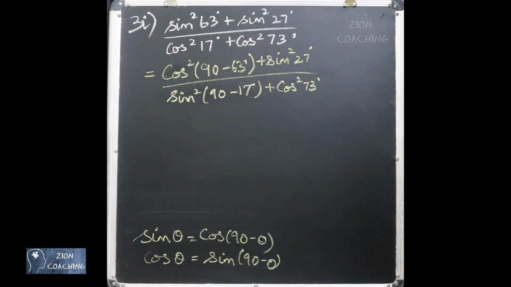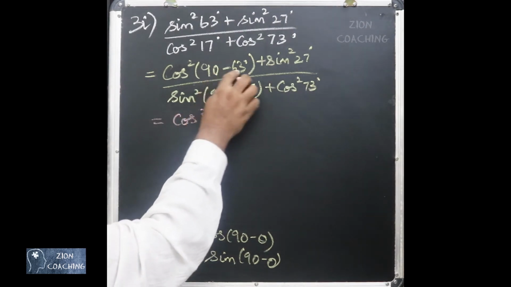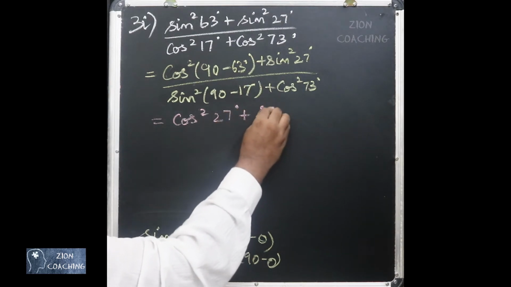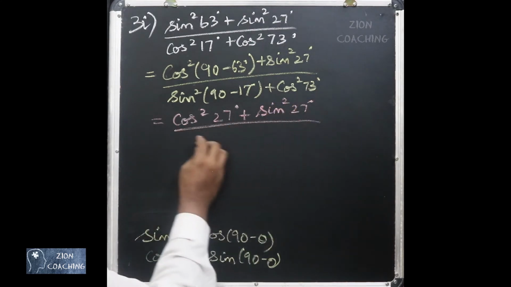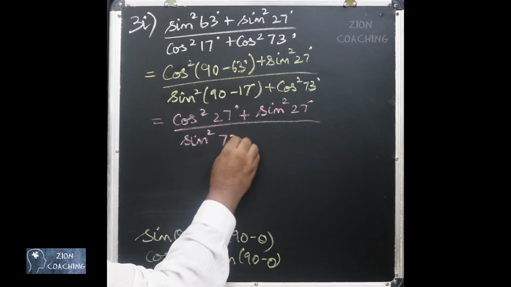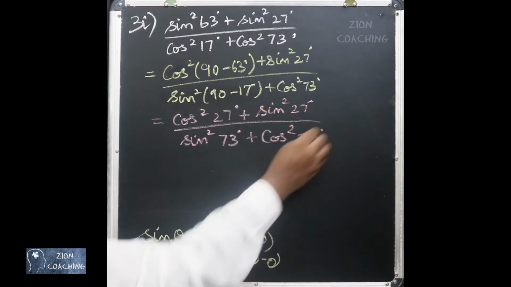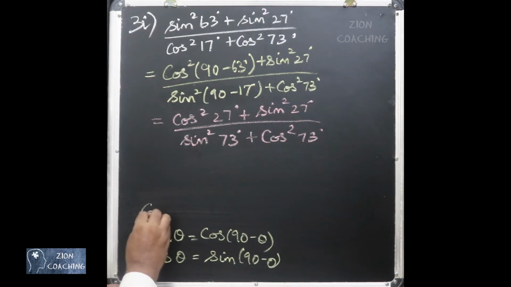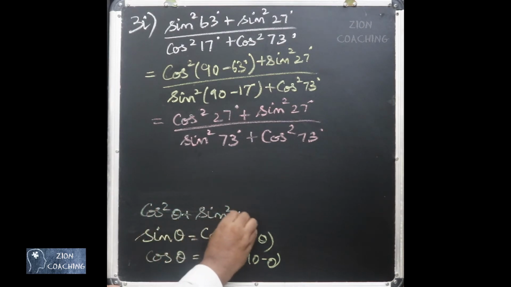Now the next step will be cos squared 90 minus 63 is 27 degree plus sin squared 27 degree divided by, this is sin squared 73 degree plus cos squared 73 degree. We have the identity which says cos squared theta plus sin squared theta equal to 1.